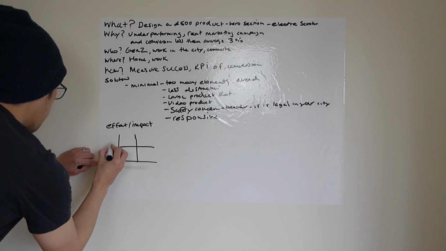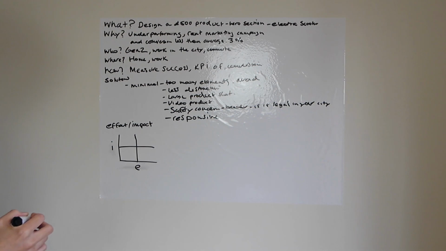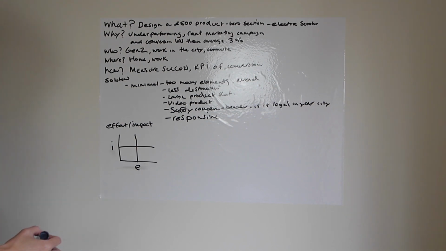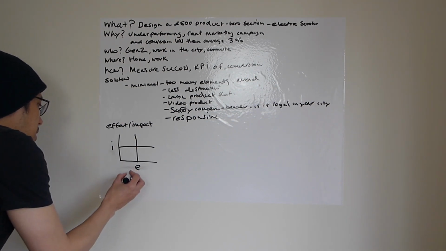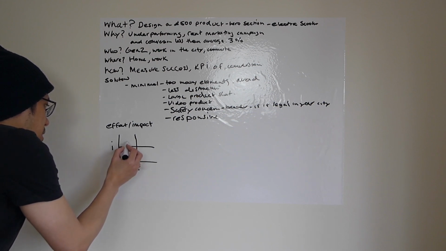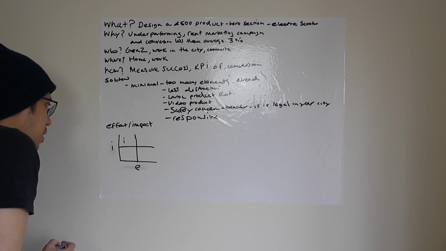So the impact is this way and the effort is this way. Okay, that's better. So in terms of a photo, product shot, they should probably have one already. So I'm thinking that the effort is low and the impact is high. So I'm thinking that the image is going to be around this area.